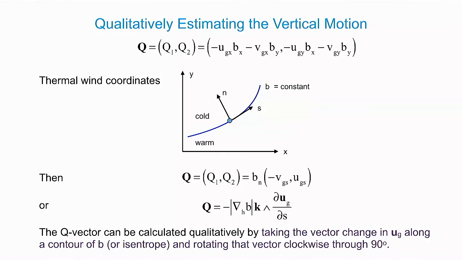So where I see an X, I'm going to make it an S, and where I see a Y, I'm going to make it an N. And now, because this coordinate system points along the isentrope, d by ds of b, as I walk along that isentrope, it's always the same. So if I differentiate along that isentrope, it's 0. So the d by ds's of the b's, get rid of them.